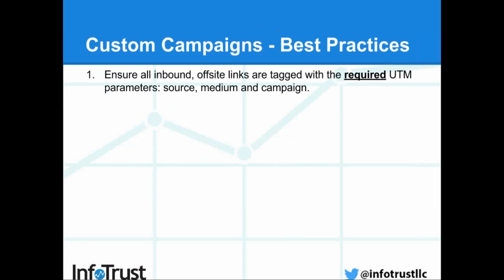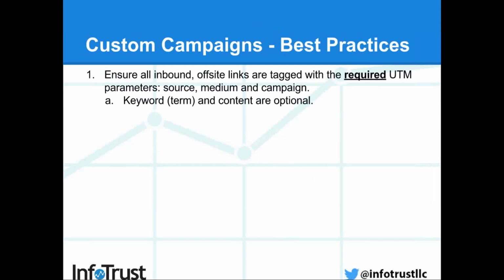So one last thing I want to touch on is the best practices. Custom campaign tagging is appropriate when you are tracking inbound traffic to your site. So these are links that live somewhere else, whether it's a Facebook post or an email you sent out, and that's how someone is arriving at the site.